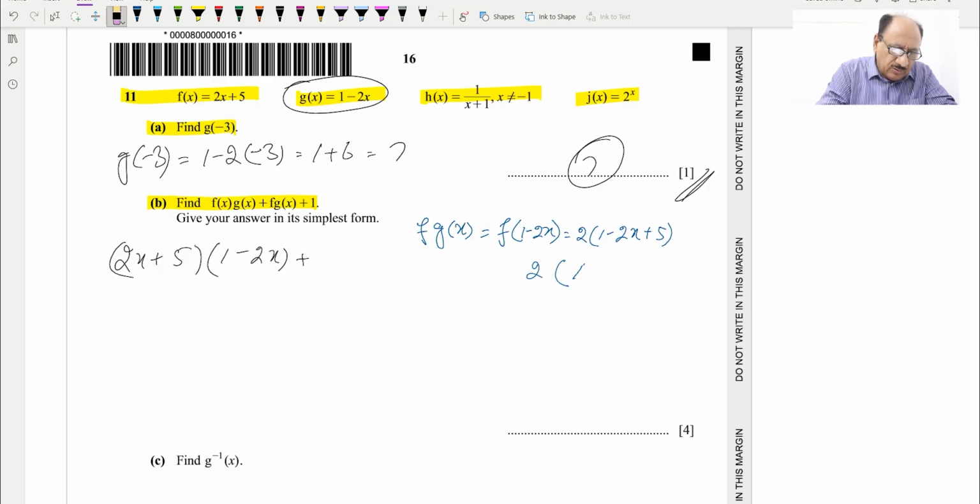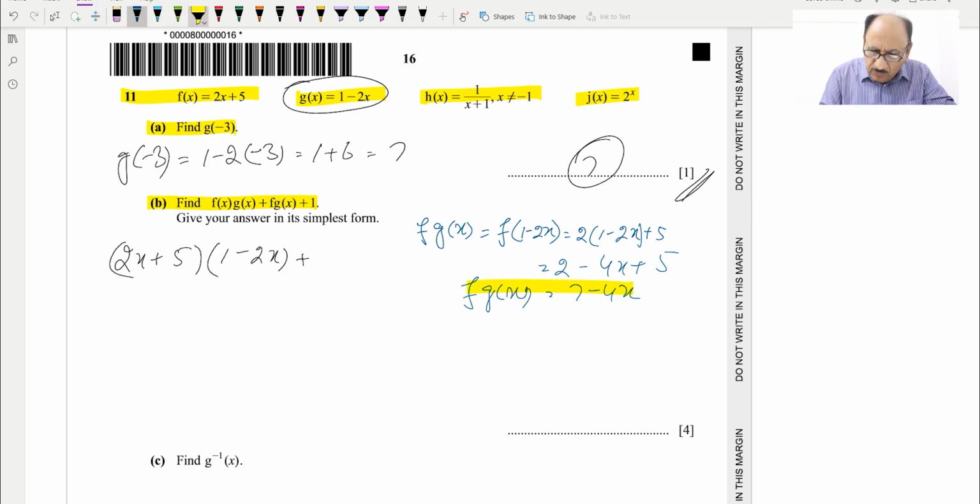Basically we have made a mistake. This bracket should be outside over here. So now we can first open the bracket, and this will be 2 minus 4x and plus 5, and this will be 7 minus 4x. So this is the value of f of g of x, which we can use.